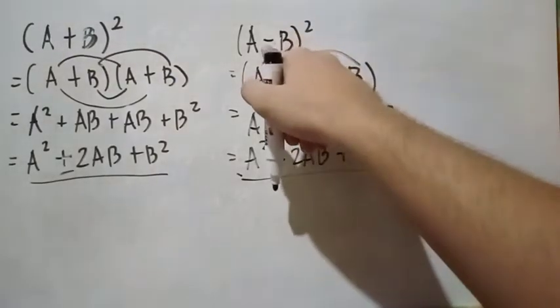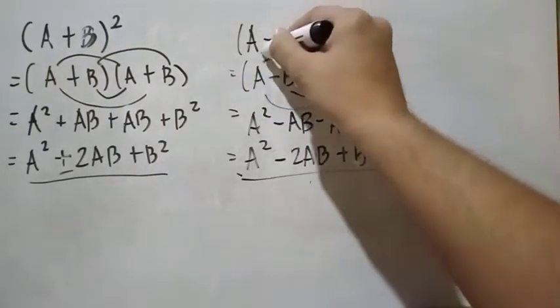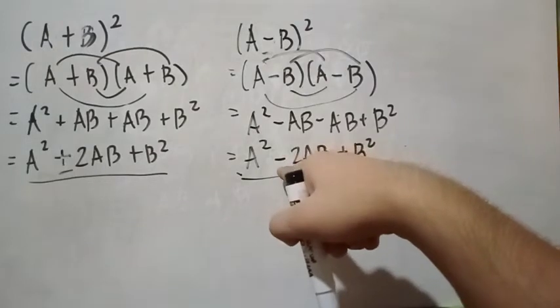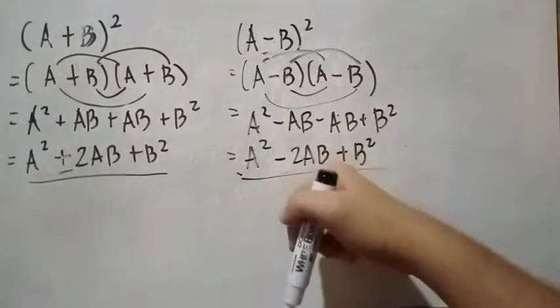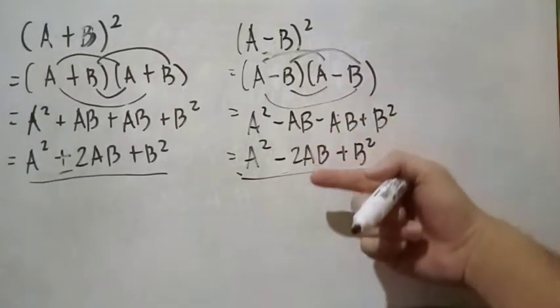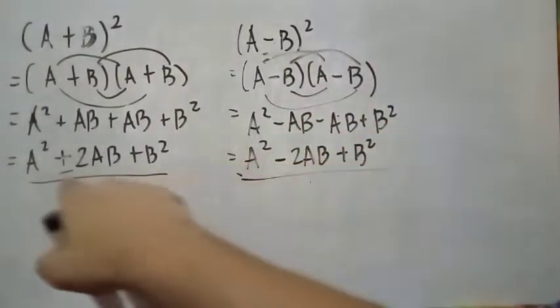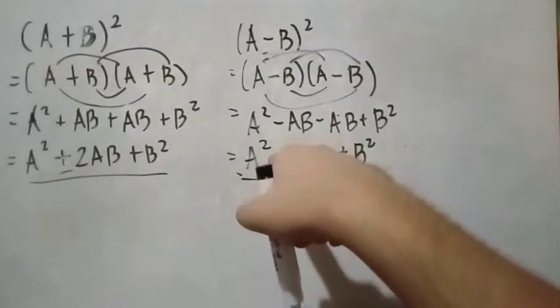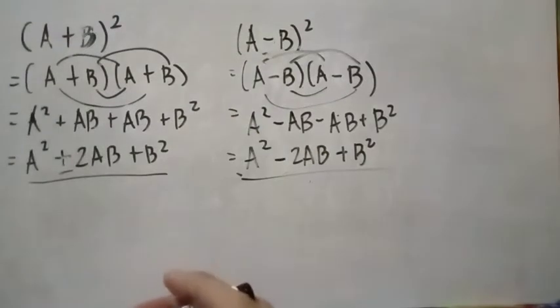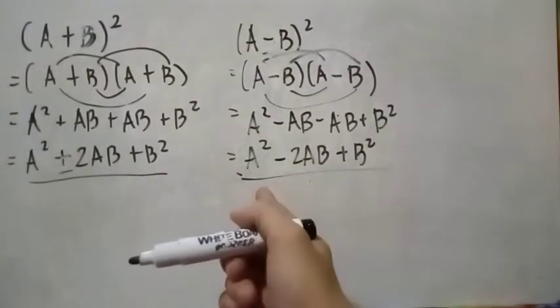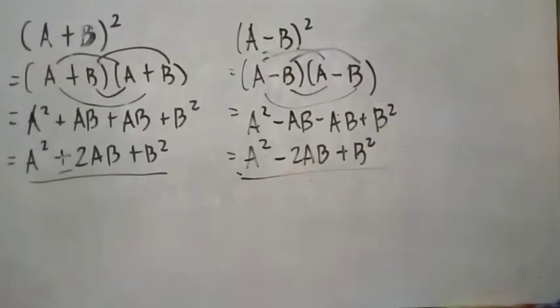Tapos, yung sign sa gitna is negative, so yung sign ng middle term sa trinomial ay negative din. So, kapag kukunin natin yung factors, itong signs na to is madidikta kung anong sign ang gagamitin natin sa binomial. And that's how the pattern is formed, which is perfect square trinomial.